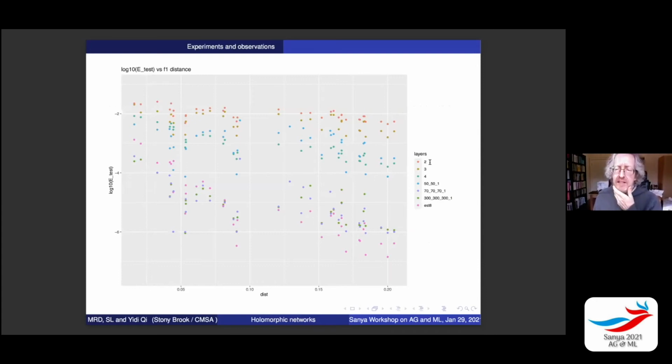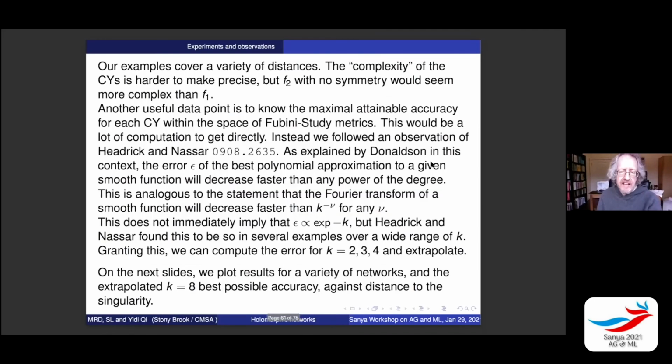And then, since the number of parameters grows as a high power of the degree, there's a limit to how far you can push that, but there's this nice observation that we followed in Hedrick and Nassar, which is that you not only expect the error to improve exponentially, but in practice, if you have the error for a series of degrees, you can fit this exponential dependence and predict a reasonable estimate for the accuracy for the best Fubini-Study metric of any degree.